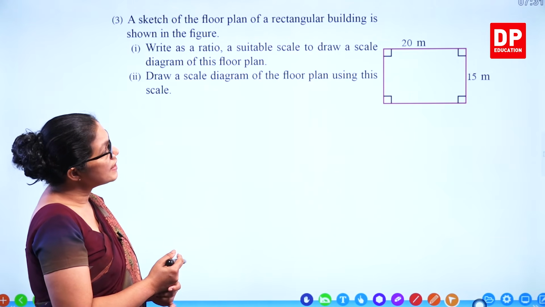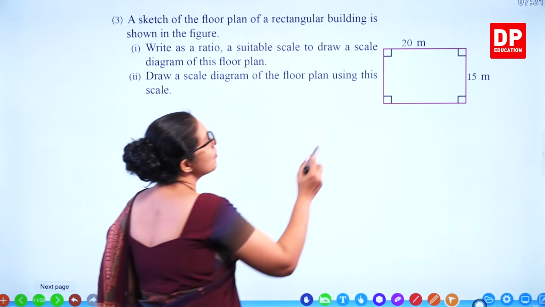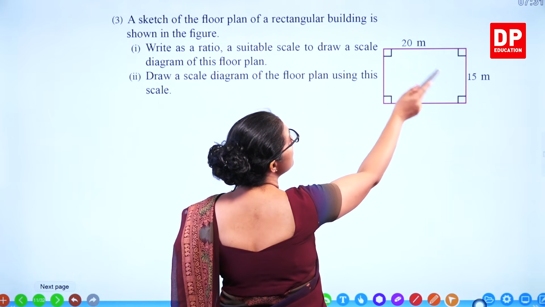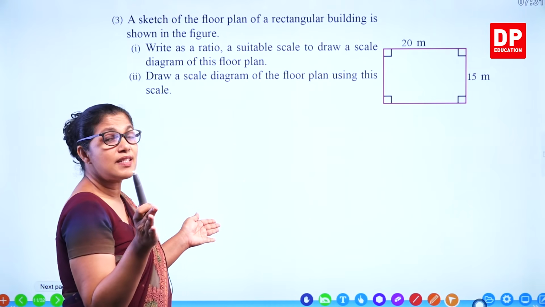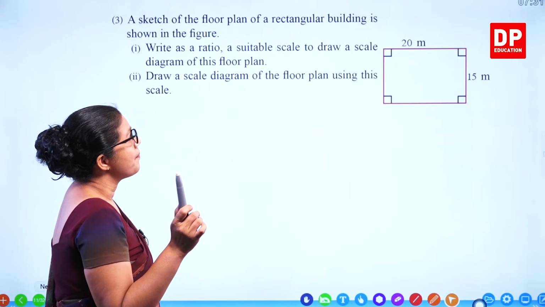So 20 meters are there. If you take 1 centimeter, you have to take 20 centimeters if it's 1 to 100.